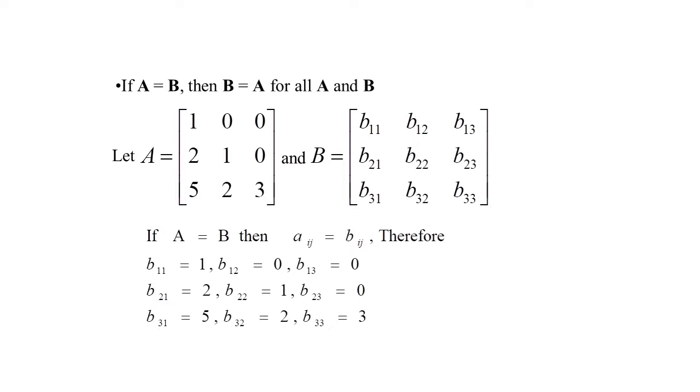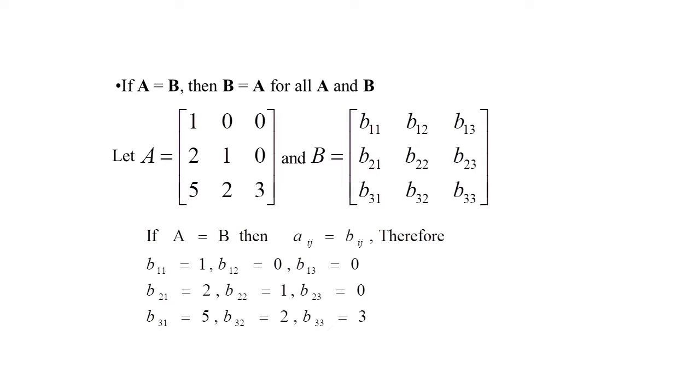Now we have a rule. If A equals B, then B equals A, for all A and B, where A and B are matrices. If A is equal to B, then B will always be equal to A. Now let us take an example.